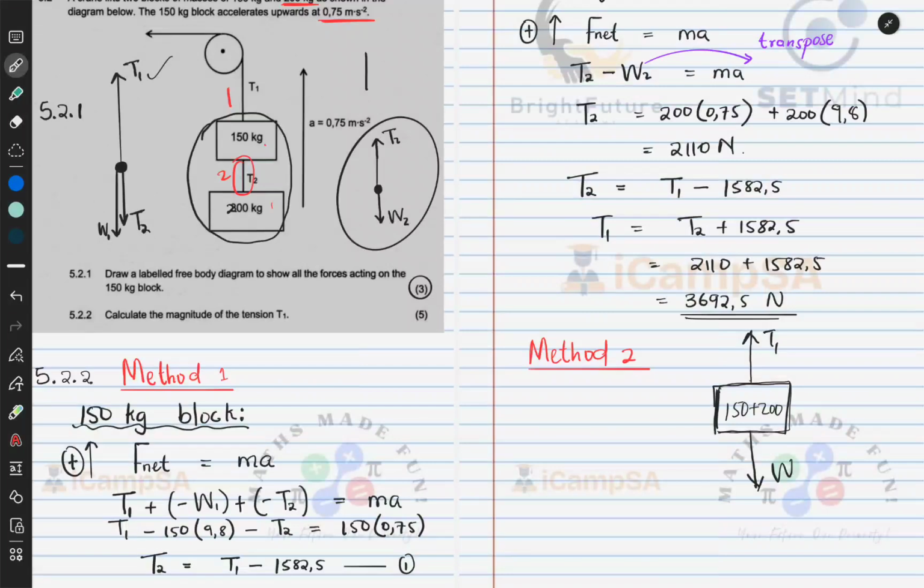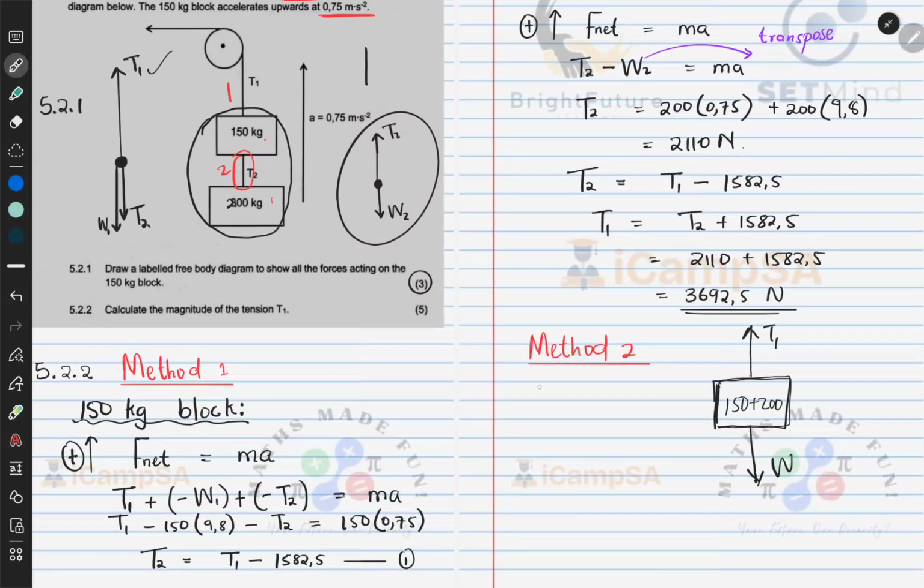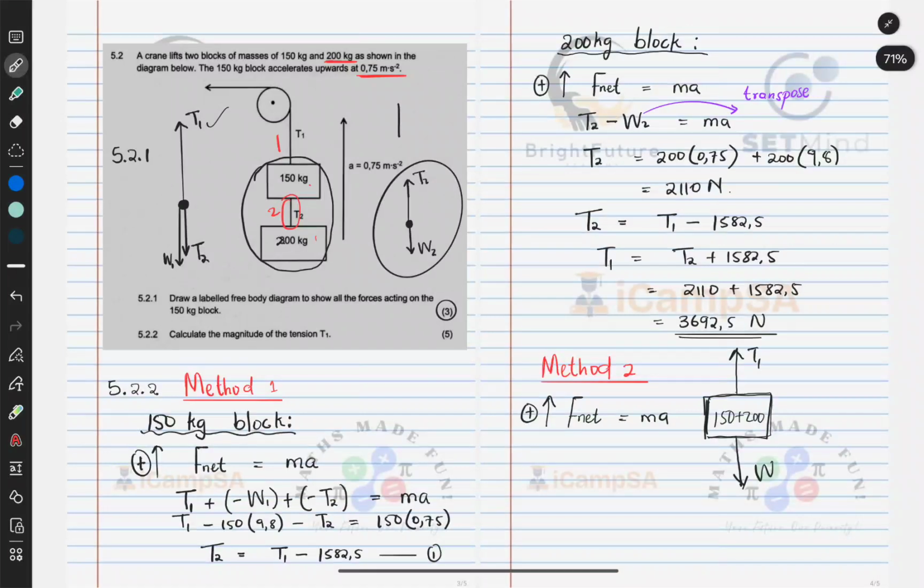This is how you would usually do it. So for this one, you still choose a direction. In my case, I choose up as positive, and then I say Fnet. If you're wondering why we choose to ignore the string connecting the two blocks, it's just in the way the free body diagrams are structured. What we are essentially doing is taking two free body diagrams and combining them together.